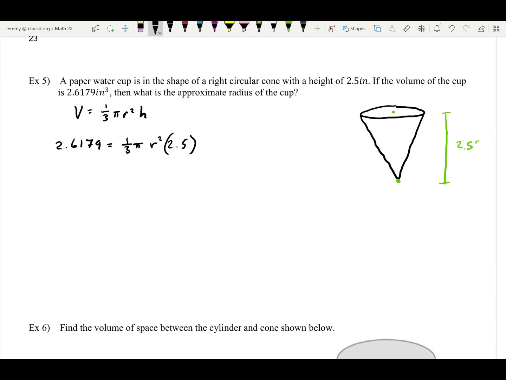All right, so now I'm trying to solve this equation for r. So let's do that. I'll start by, how do I want to start? Well, I want to get r by itself, so I can divide both sides by 2.5. I can also divide both sides by pi. And I'm trying to get rid of that 1/3.